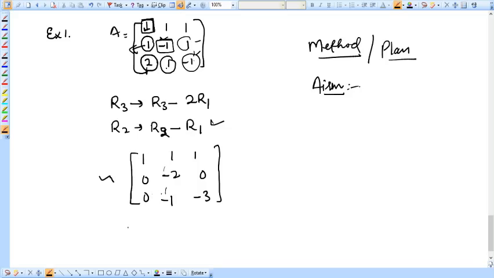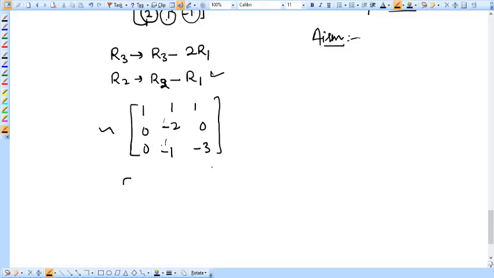Now, as I told you earlier, we will try to make this element 0 with the help of the key element.